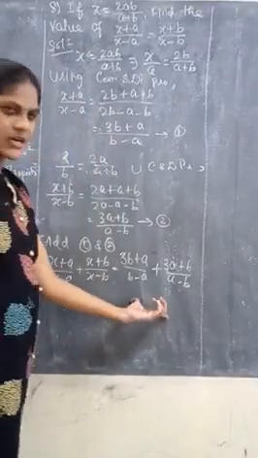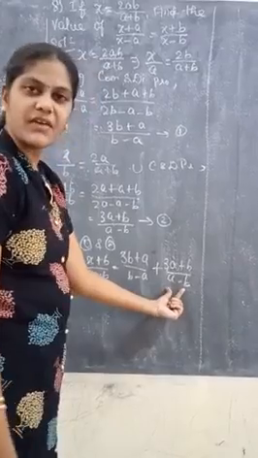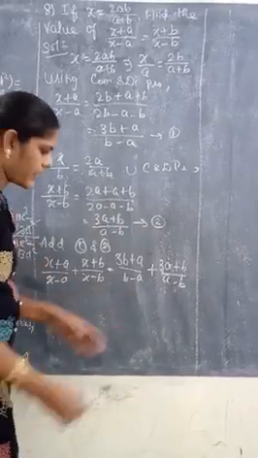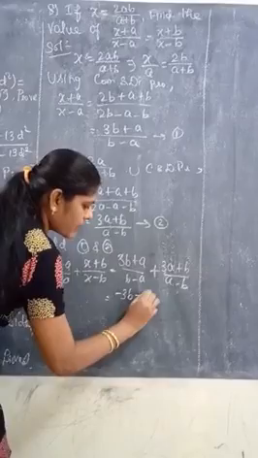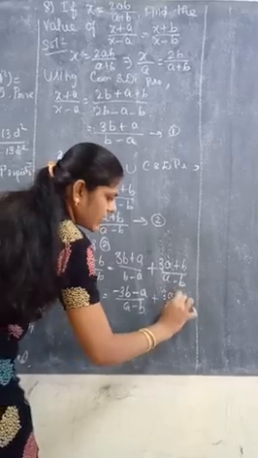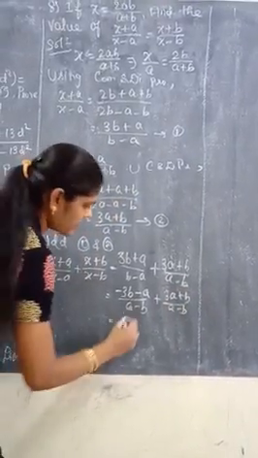It's an addition, so for adding, the denominator needs to be the same. Here we have a − b, here we have b − a. So any one of them can be multiplied by minus. If you multiply by minus, −(3b + a)/(a − b) plus (3a + b)/(a − b). So now a − b is the common denominator.